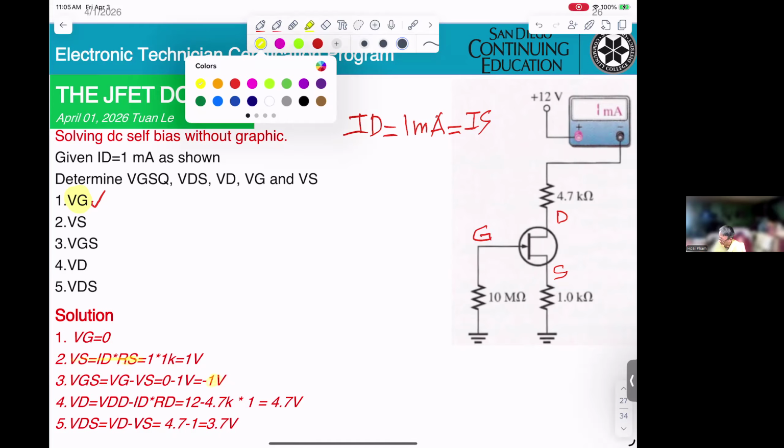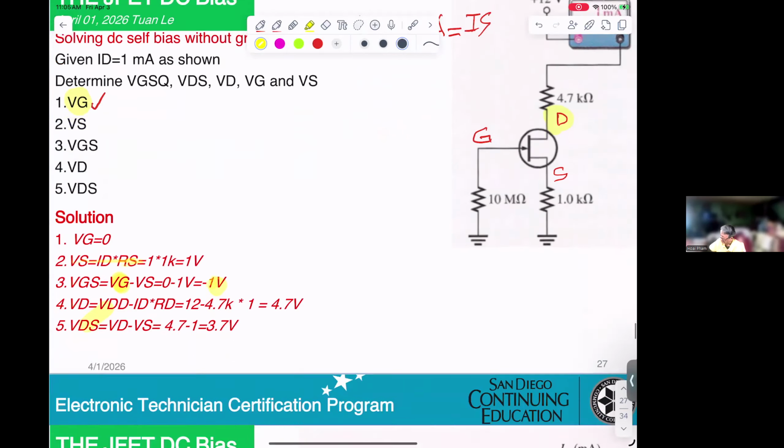And they want to calculate VGS. VGS equals VG minus VS. VG is 0, VS is 1 volt, so 0 minus 1, minus 1 volt. And they want VD. VD equals VDD minus ID times RD. And VDS equals VD minus VS.